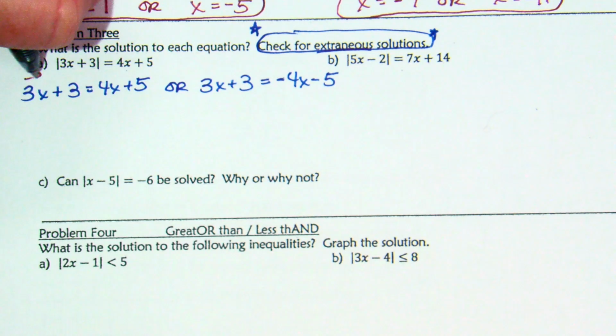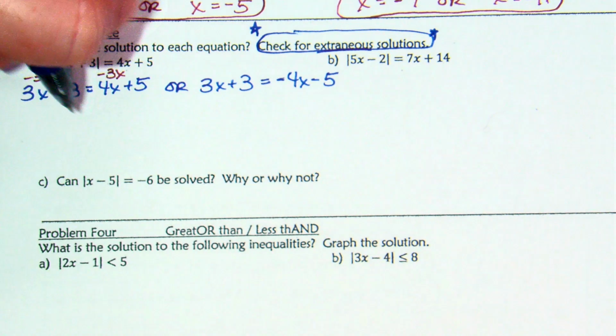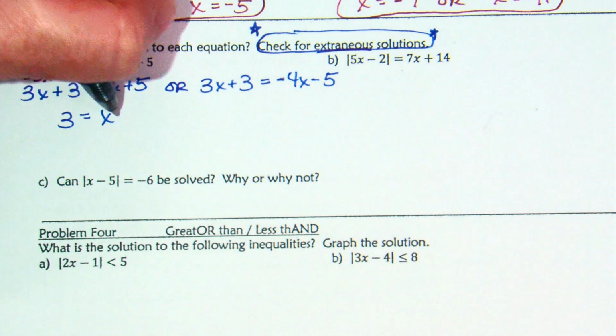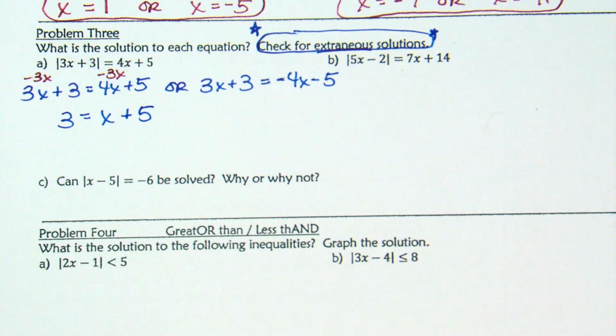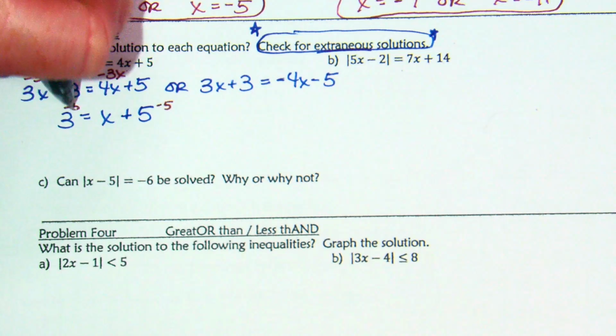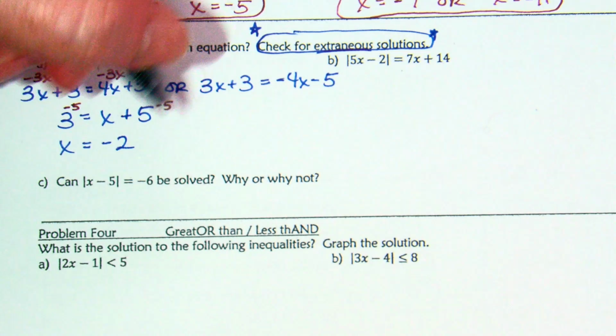I still have a 3 on the left. 4x minus 3x is x plus 5. Now how do I get x by itself? Subtract the 5. 3 minus 5 is negative 2. And x equals negative 2.